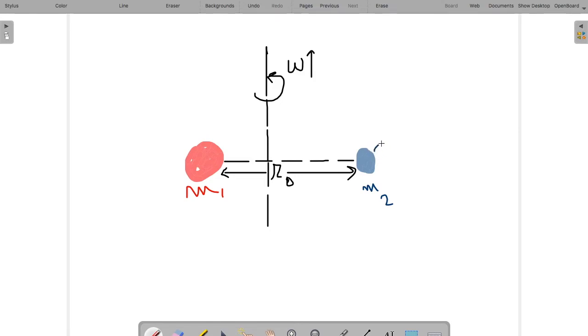So this one will move a little bit to the right, and this one will move a little bit to the left, because this centrifugal force will try to push them away from the center. You notice that the distance between them, if I draw it now with a green line, is going to become, call it R, which is different from R0. Obviously, R is larger than R0.